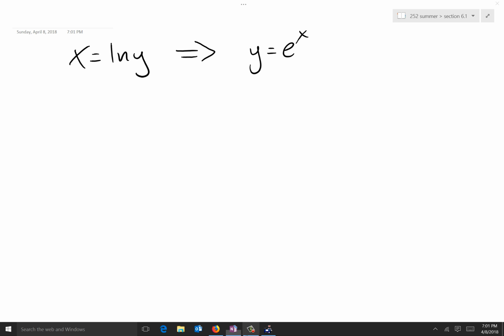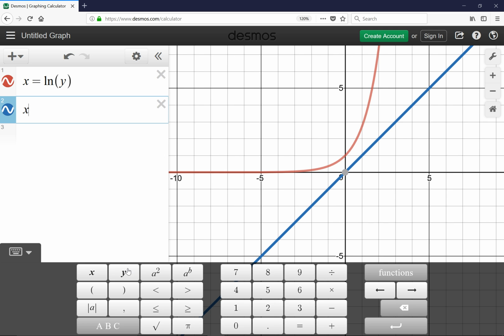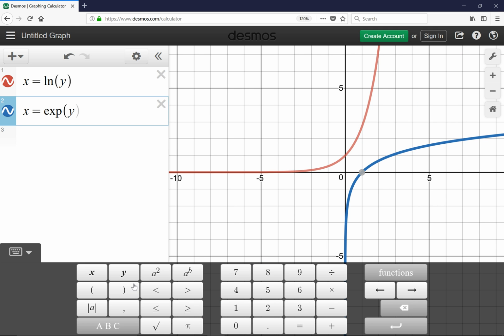They're identical. So don't freak out when you see that guy. Not a problem. And let's do x equals e to the y.